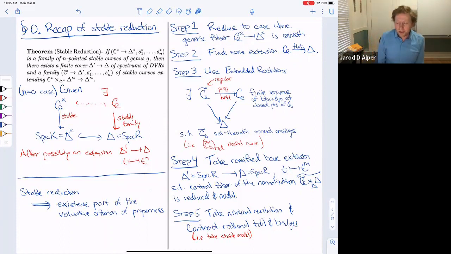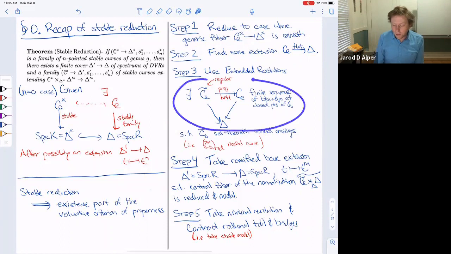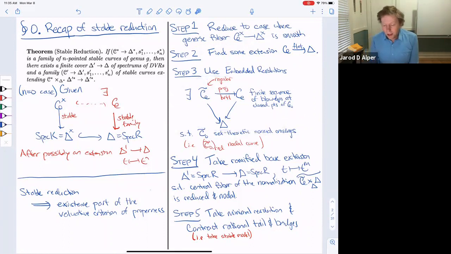So then you use embedded resolutions to find a smooth surface, C tilde, dominating C, and such that the central fiber is then set-theoretic normal crossing. So by using embedded resolutions, which is an important result, you get almost what we want, but at least the reduction of the central fiber is reduced and nodal.